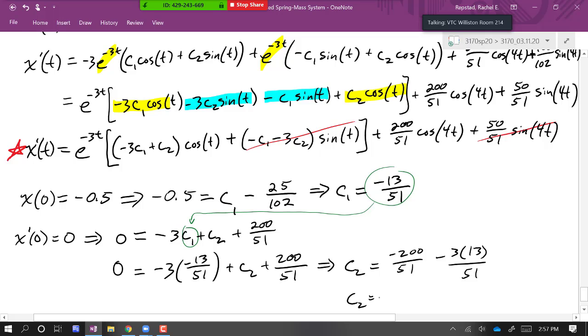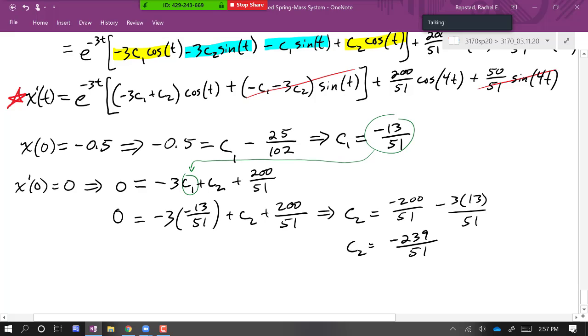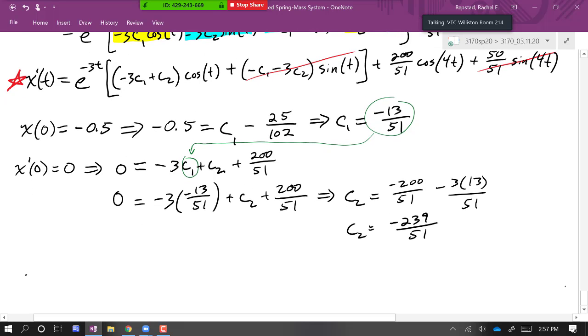That gives us negative 239 over 51. And now it's all over but the shouting. We're just going to put it together to write out our position function.